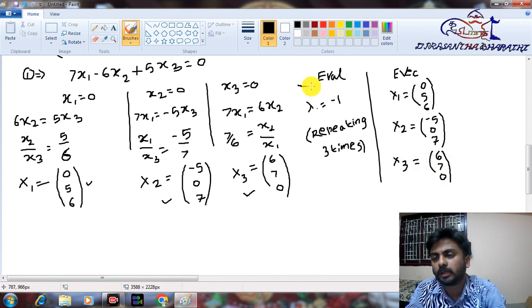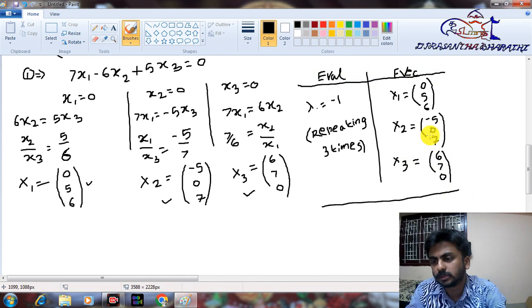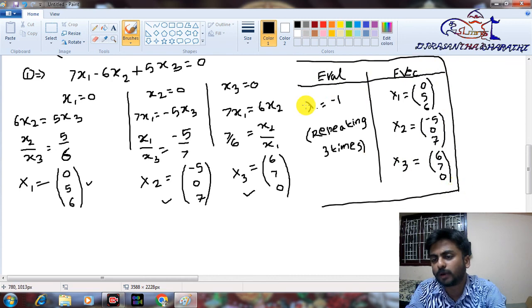This result should be highlighted. This is the final result of our non-symmetric matrix possessing repeated eigenvalues.